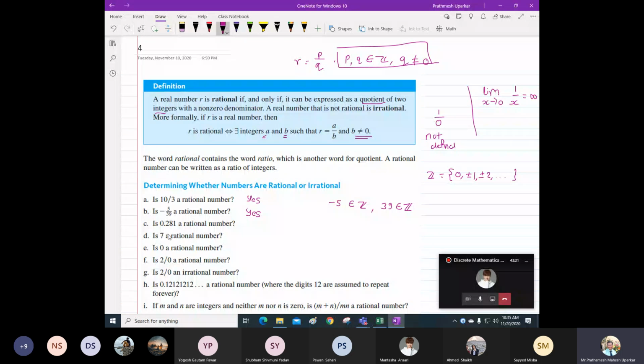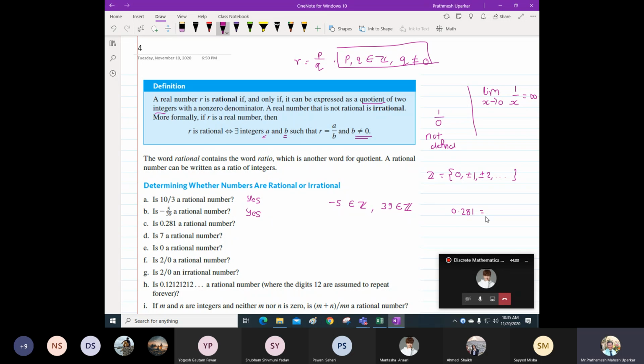What about this C part? 0.281. Yes, tell me what is 0.281. Is it a rational number or not? Can I write it in the form of a by b? Let me think.